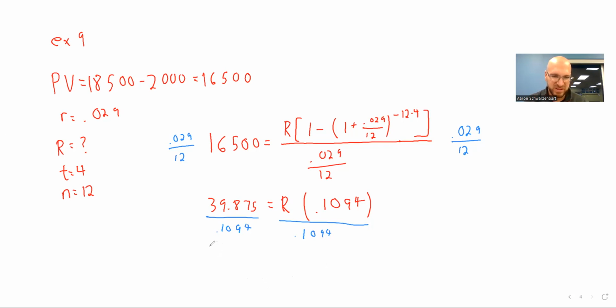Always going to round up a cent. 364.49. You'll be a few cents less on your last payment. Great, nice. But this is what he's going to have to pay every month for 4 years or 48 months to pay off his loan.